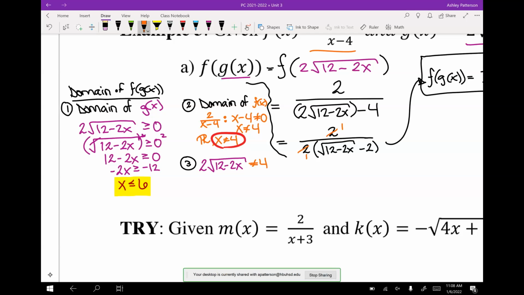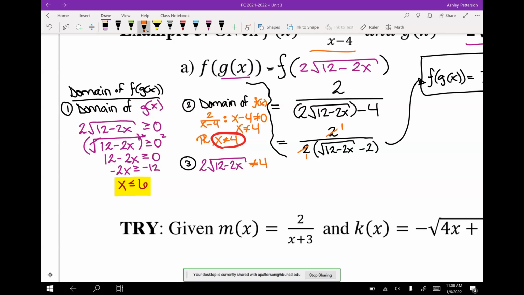It cannot equal that restriction because then our function won't exist. All because of that reasoning we just talked about. The output of the first function cannot be the restriction for the input on the second.